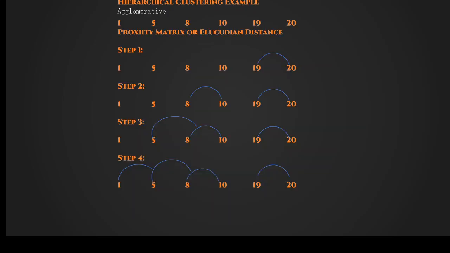Now we have these numerical values 1, 5, 8, 10, 19 and 20. We are going to apply agglomerative clustering to this.